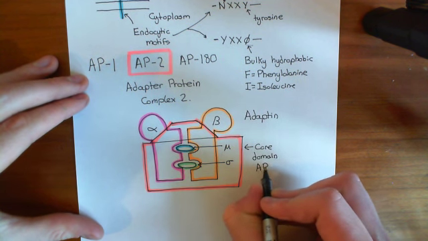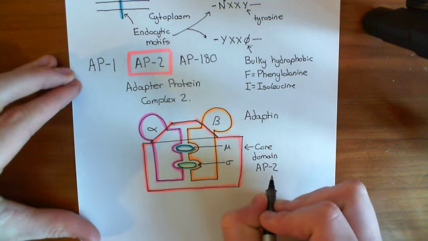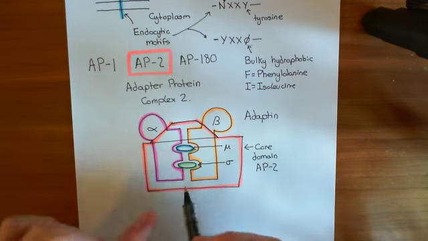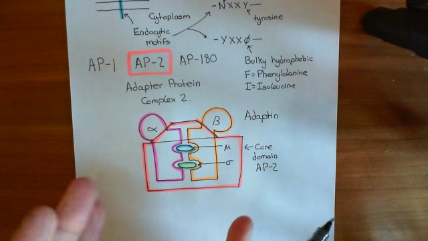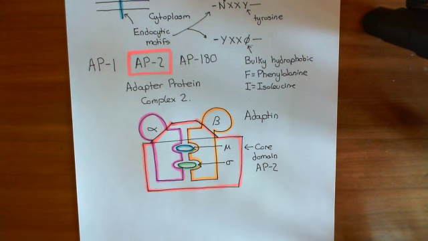And by the way, adaptor protein 1 and adaptor protein 3 have almost identical structures. Although we're studying this for adaptor protein complex 2, adaptor protein complex 1 and adaptor protein complex 3 have very similar structures.